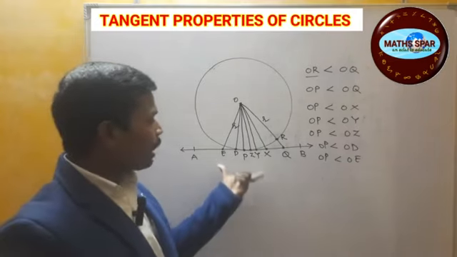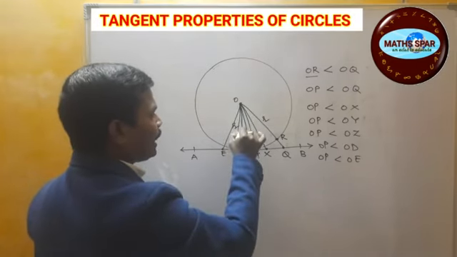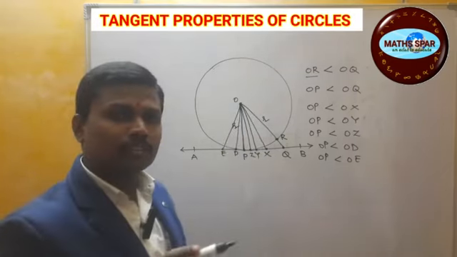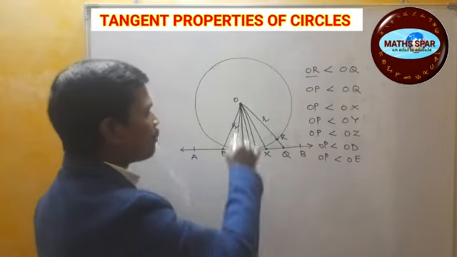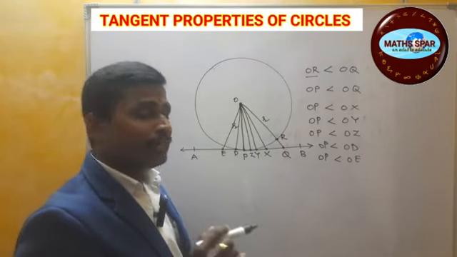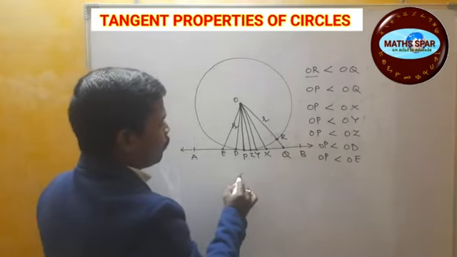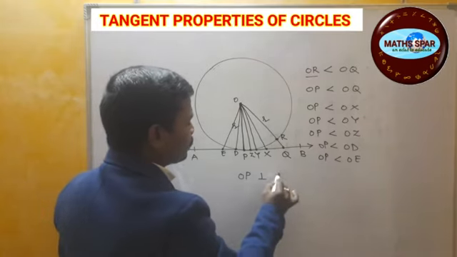So now we observe that OP is the only shortest measure. Then we conclude that OP is perpendicular to AB.